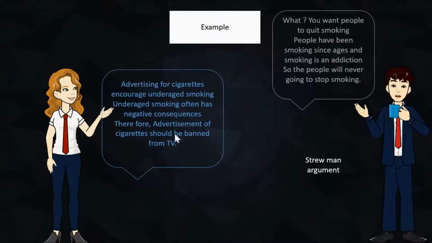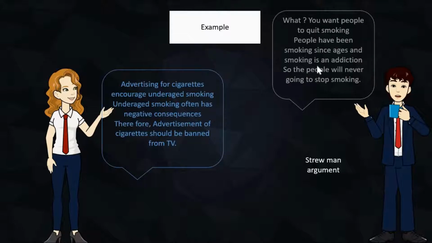Now his response to her argument is something like this. First of all, he misrepresents her conclusion and makes it into something like this: you want people to quit smoking. You can see she never said that. She never wanted people to quit smoking, but he misrepresented her actual argument. And now instead of responding to this one, he responds to that one.